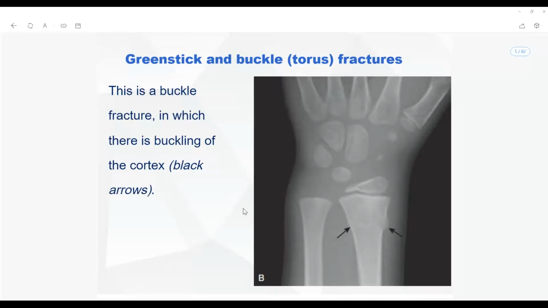You can see here that the pisiform bone is not yet formed, so I can say this baby is less than 7 years, because after 7 years your pisiform bone is going to completely ossify. And then I can see the scaphoid, the lunate, the capitate and the hamate, the trapezium and the trapezoid, and the capitate and hamate bones are actually seen.